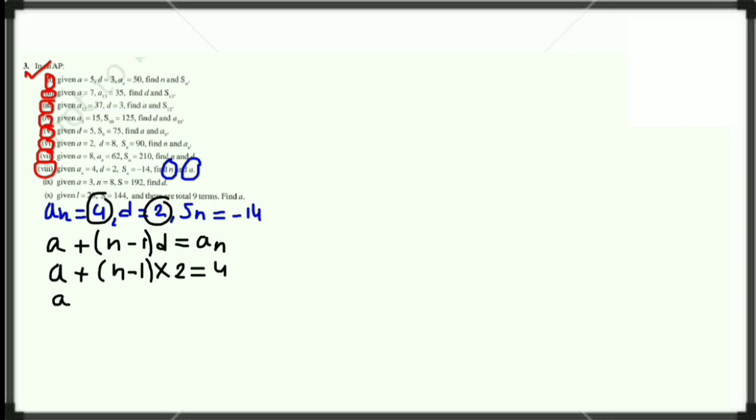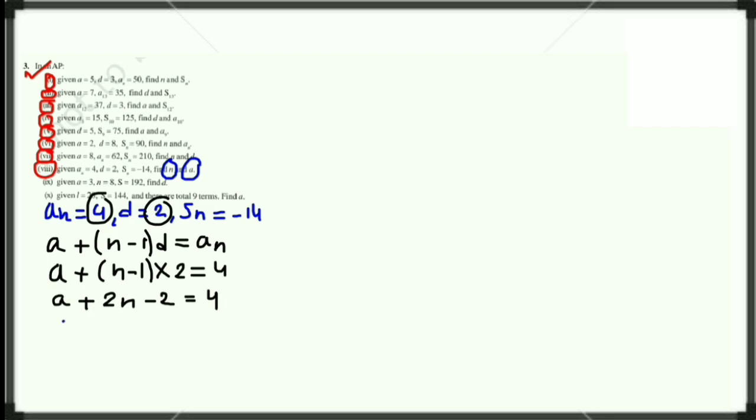Now a plus 2 into n, 2n plus into minus and 2 ones are 2 equal to 4.